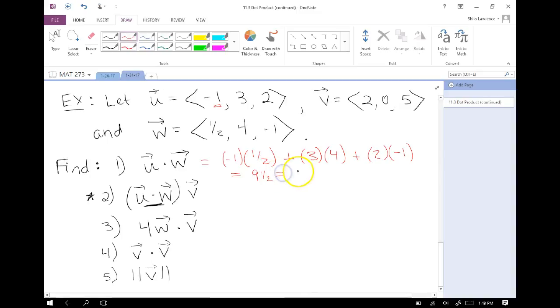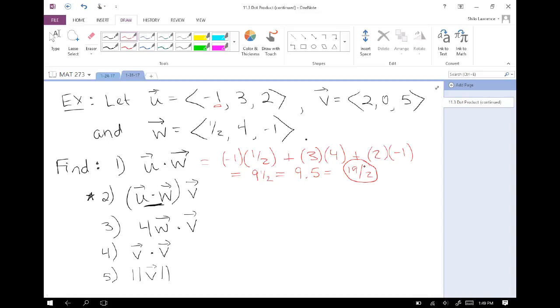I don't care how you write that. You could say 9.5, or 19 halves. Any of them are fine with me. Most likely, though, in your homework, it would want it as 19 halves. Usually they don't want you messing with decimals or mixed numbers.